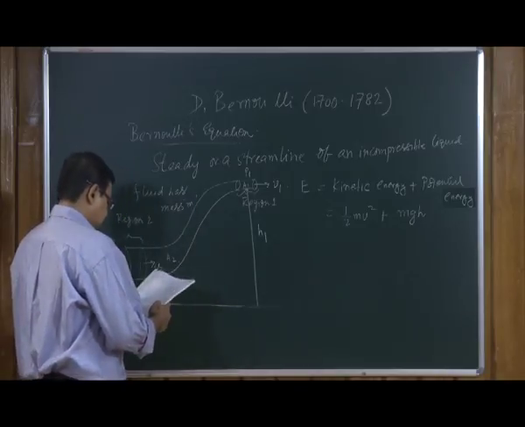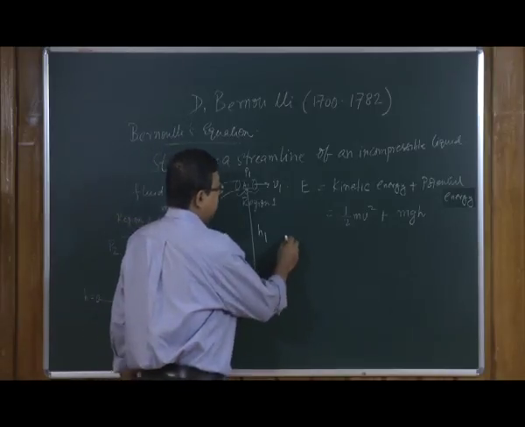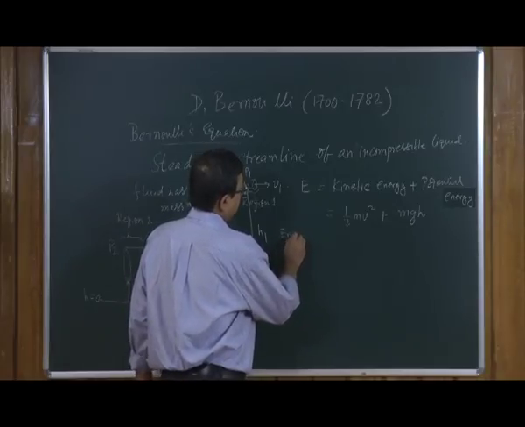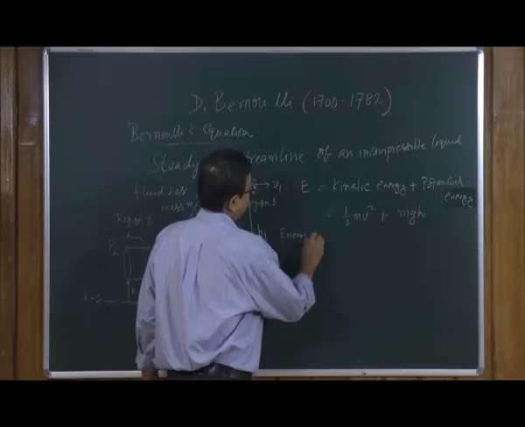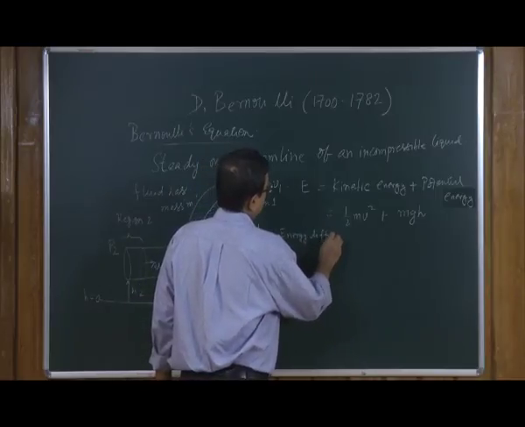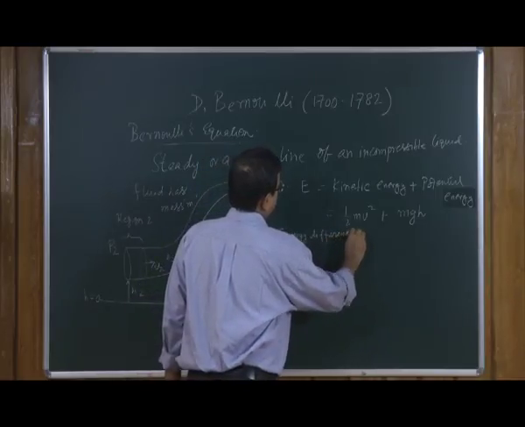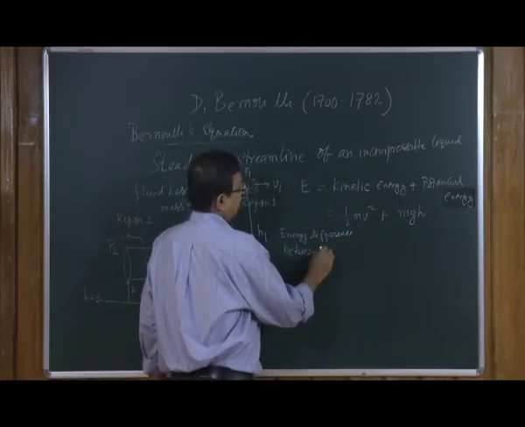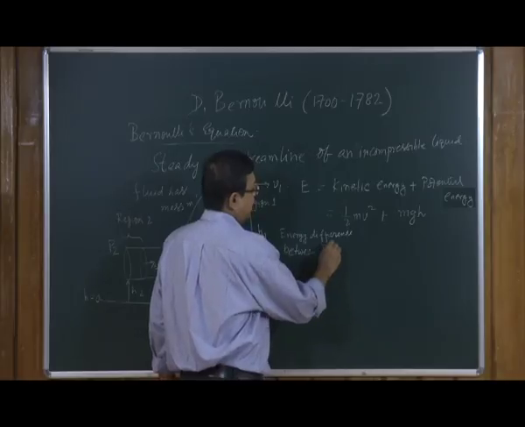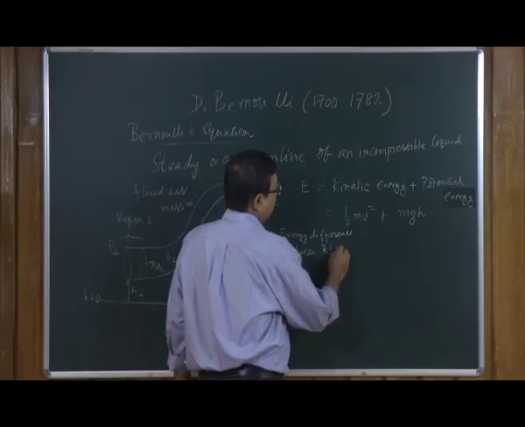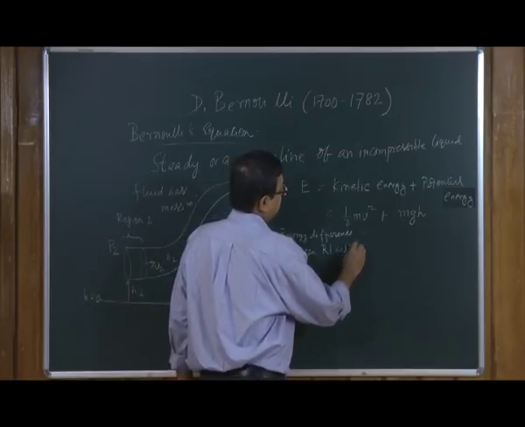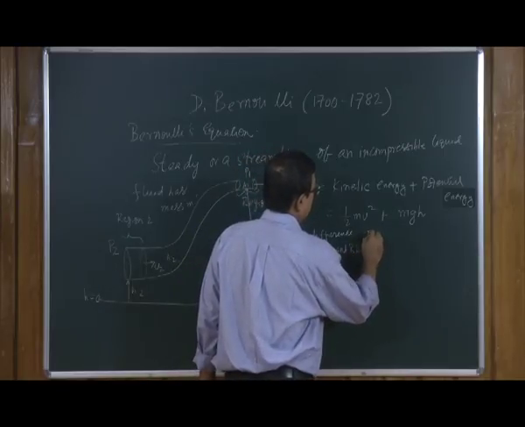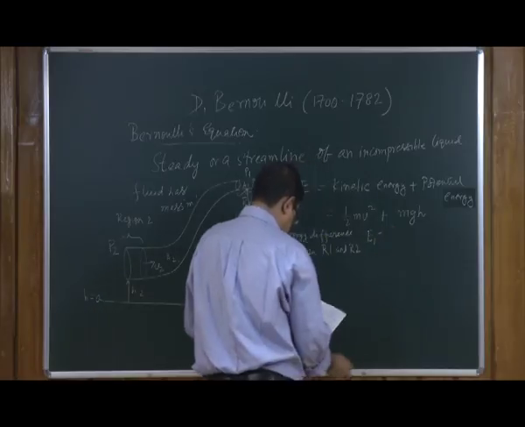So, the energy difference between region 1 and region 2, in short R1 and R2, is E1 minus E2.